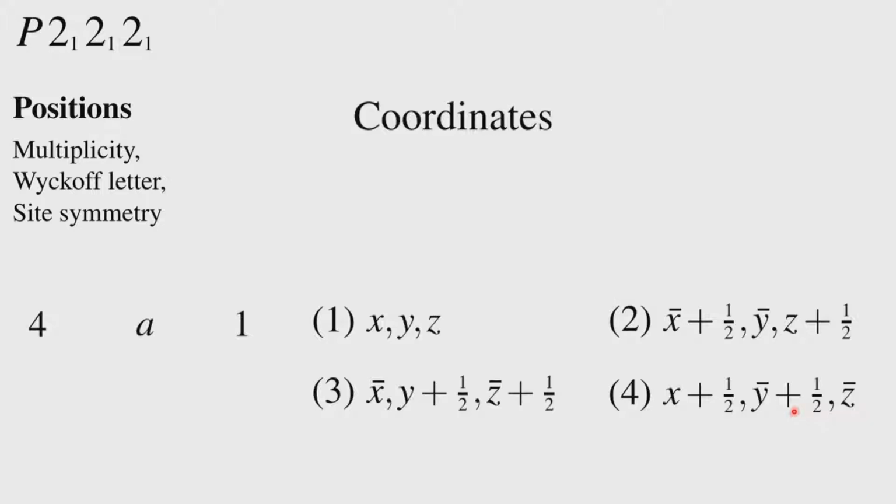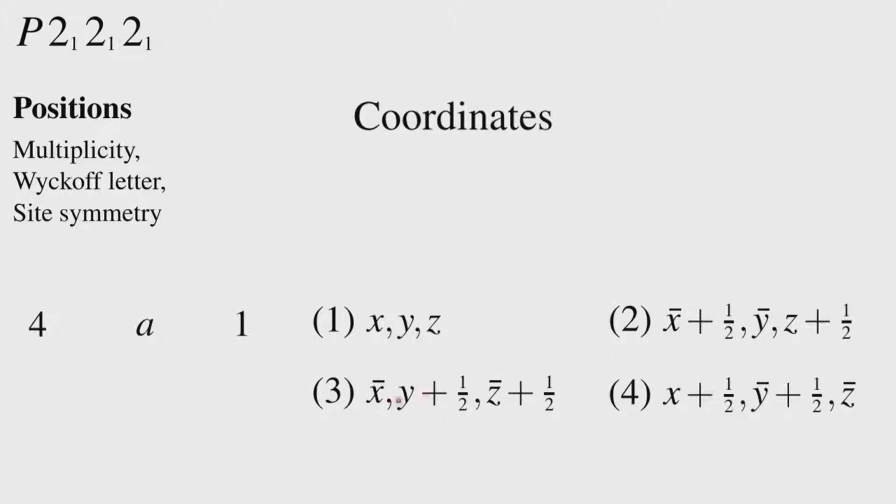There is a certain amount of symmetry here in the generation of the equivalent points also. I will tell you what I mean by that. If you look at x, y, z, it goes to x bar, half plus y, z bar plus half, and then you see that this is now first the number 3 is x bar, okay. Number 2 is y bar, and number 3 is z bar.